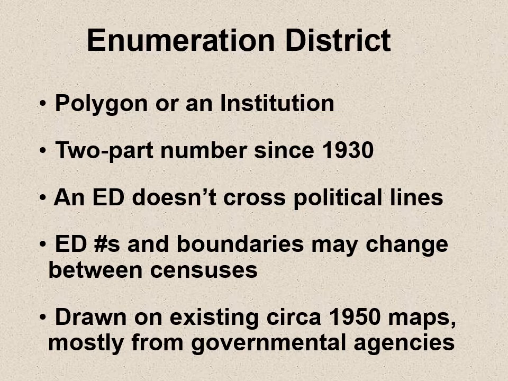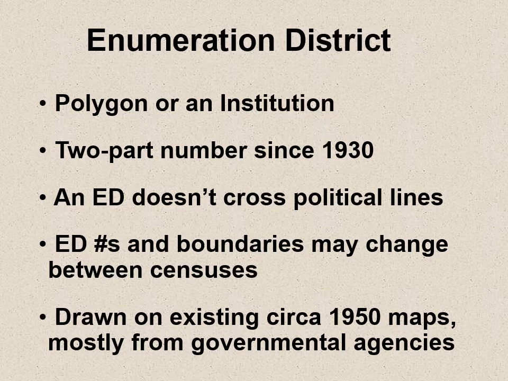It's a two-part number since 1930, and that's going to be important because there's a trap later that I'll explain that confuses people when they look at maps. EDs don't cross political lines, and the Census Bureau figures out the enumeration districts and puts them on base maps, usually from other governmental agencies, and there are certain rules about that.